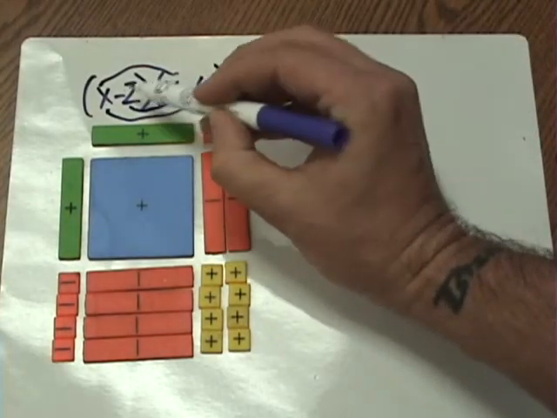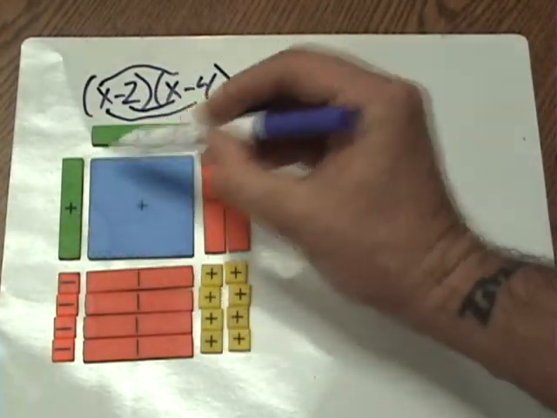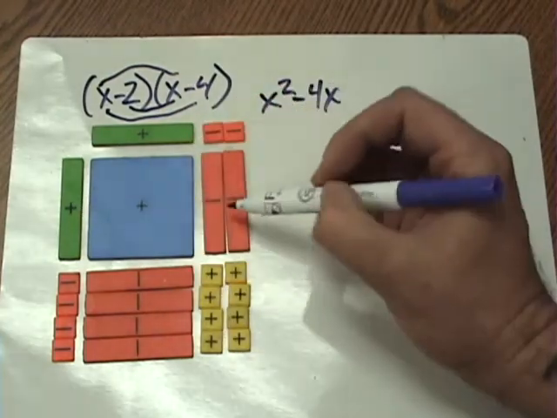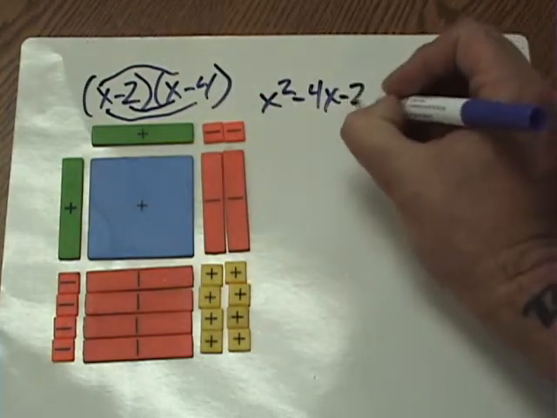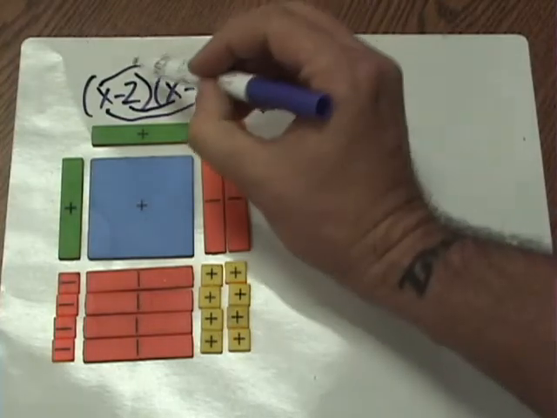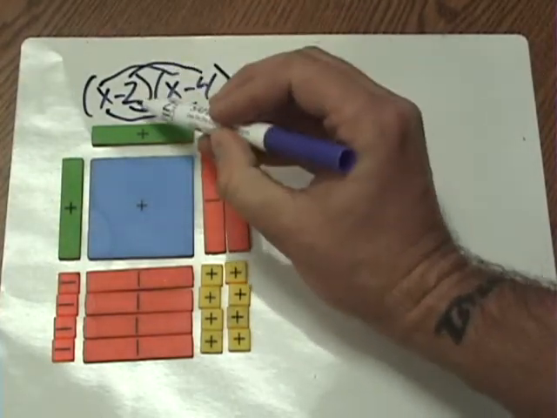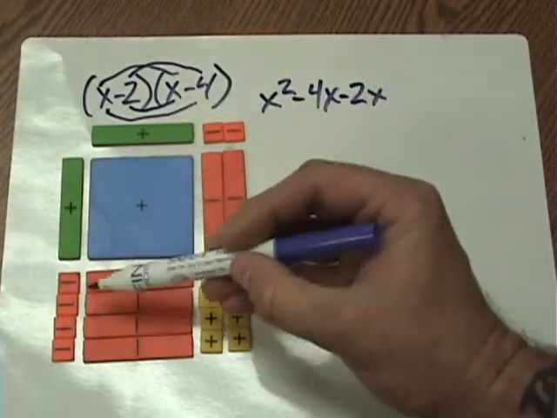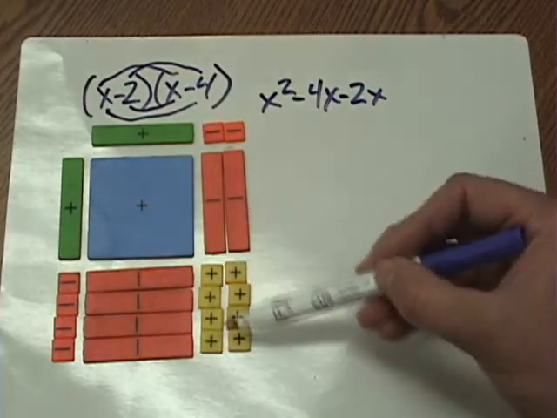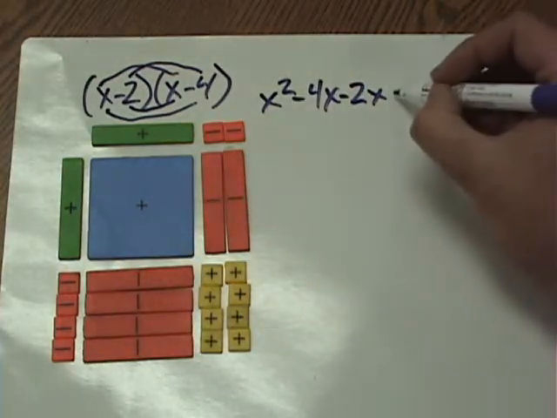For the inside terms, I get negative 2x, so it's negative 2 times x, which gives me these. And for the last terms, I get negative 2 times negative 4, which is these negative 2 times these negative 4, and this gives me positive 8.